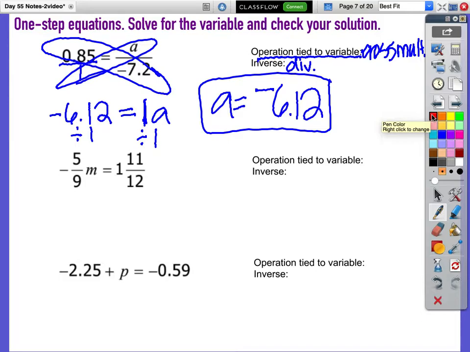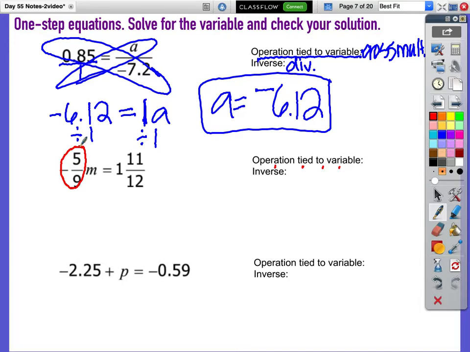Okay, so let's look at this problem. Negative 5/9 m equals 1 11/12. All right, so can't really do that cross multiplying trick on this one, but let's just go through it. The operation tied to the variable. This negative 5/9 is stuck onto the m how?